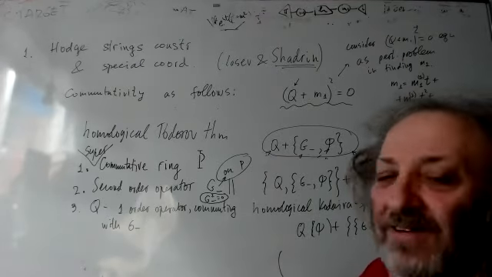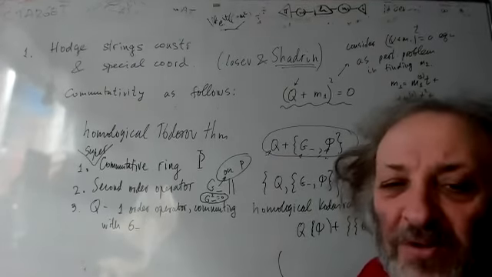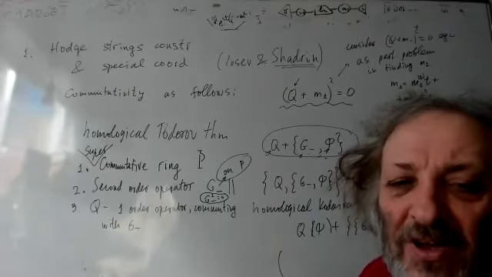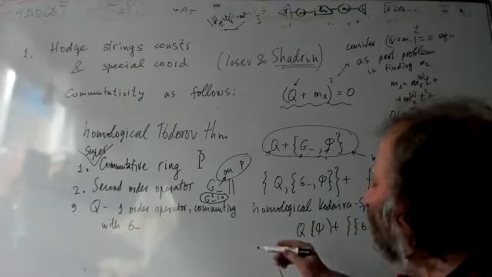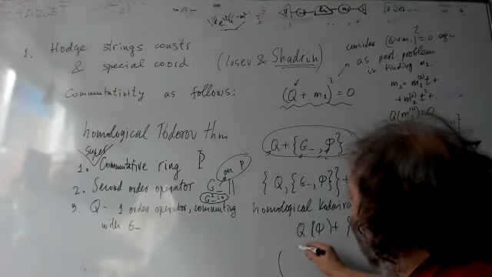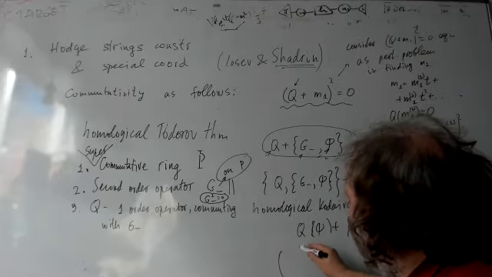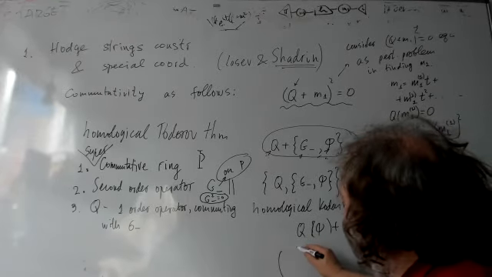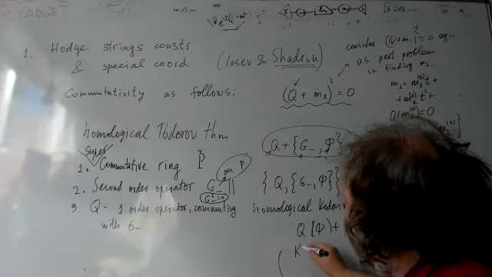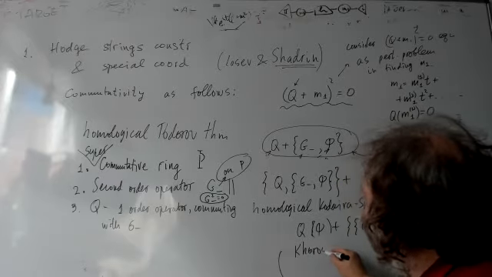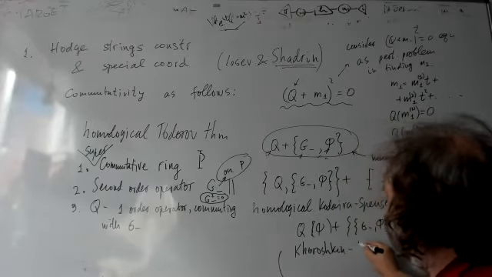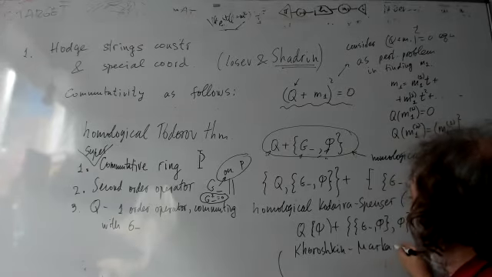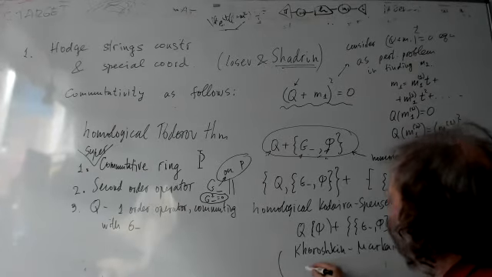The higher level of understanding would be if you use what I'll call the Khoroshkin, Markarian, Shadrin approach. I am not a collaborator, but all of them are my friends.